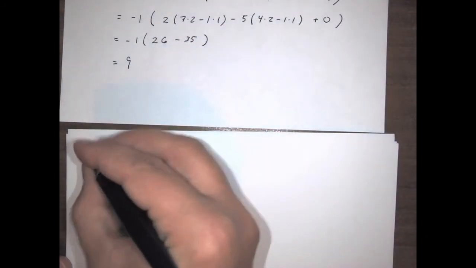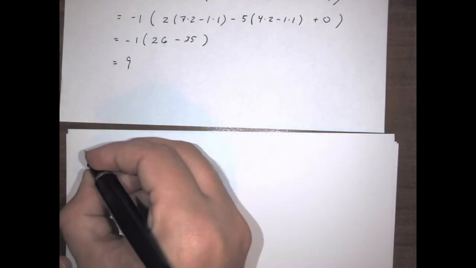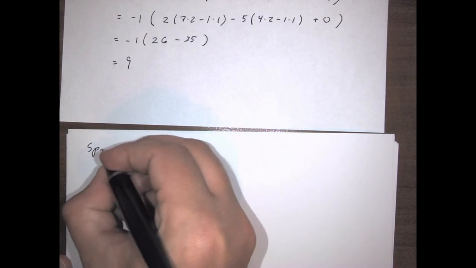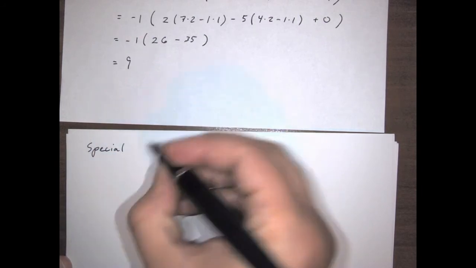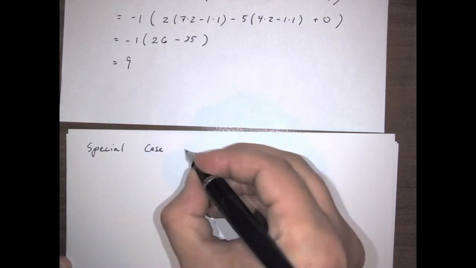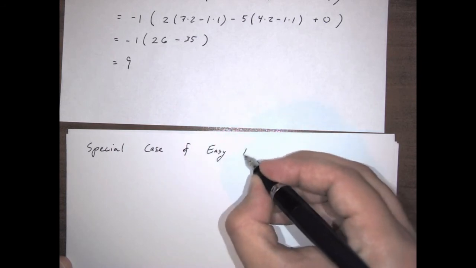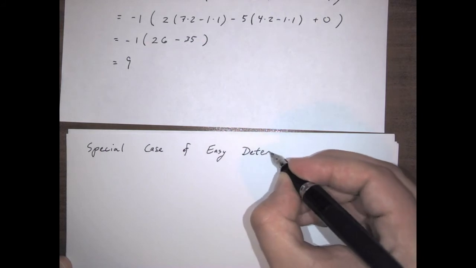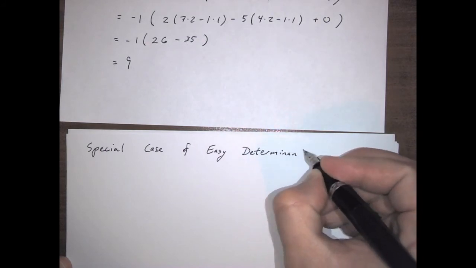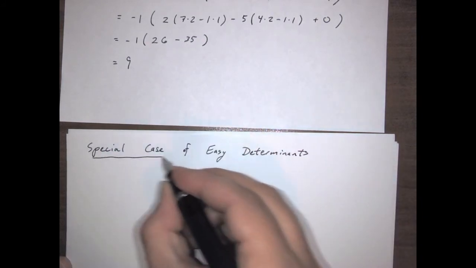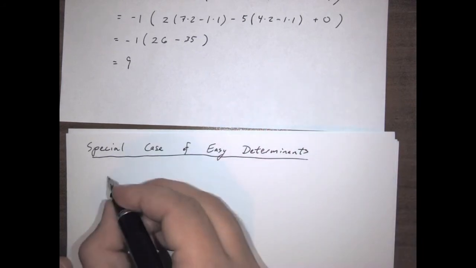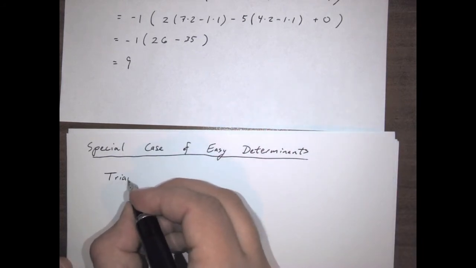And in particular, a special case of easy determinants would be what are called triangular matrices.